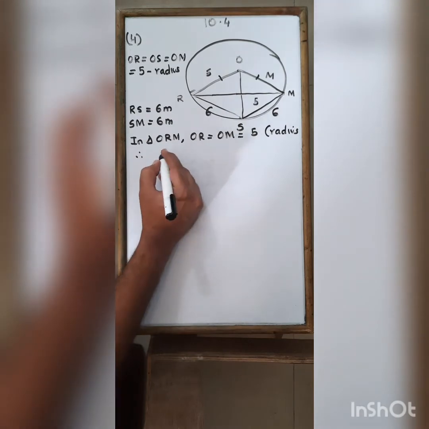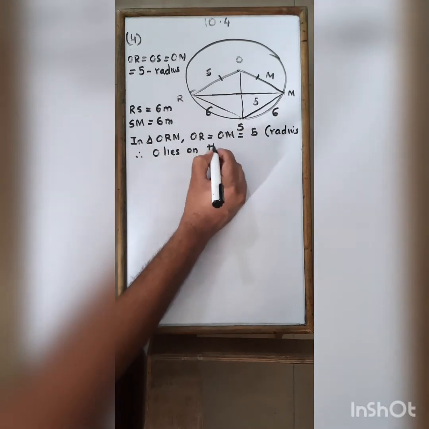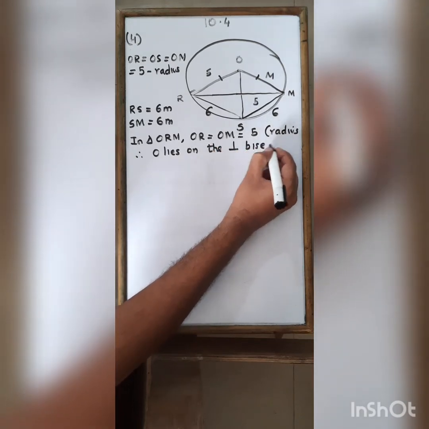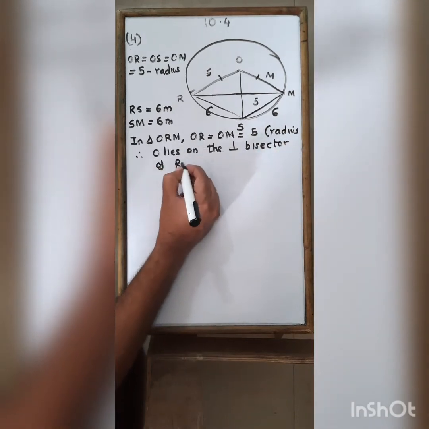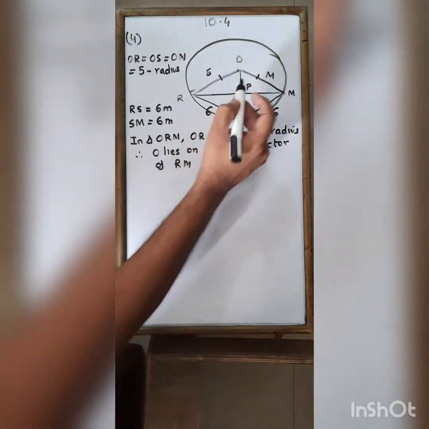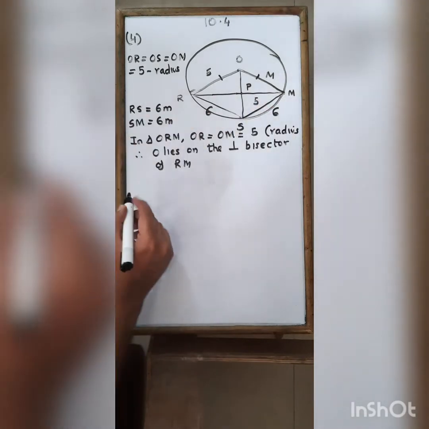Therefore, can I say O lies on the perpendicular bisector of RM. Let this point be P. So what does that say? O lies on the perpendicular bisector of RM.